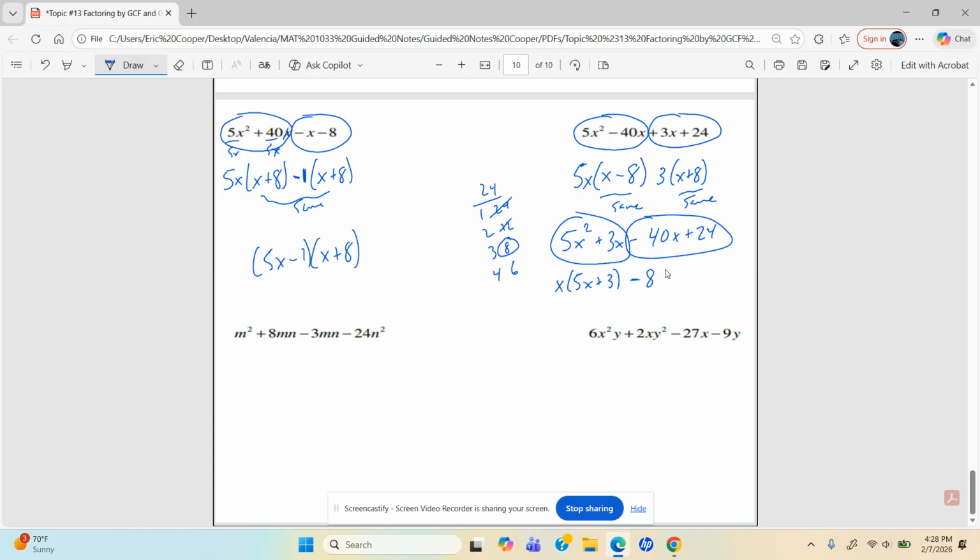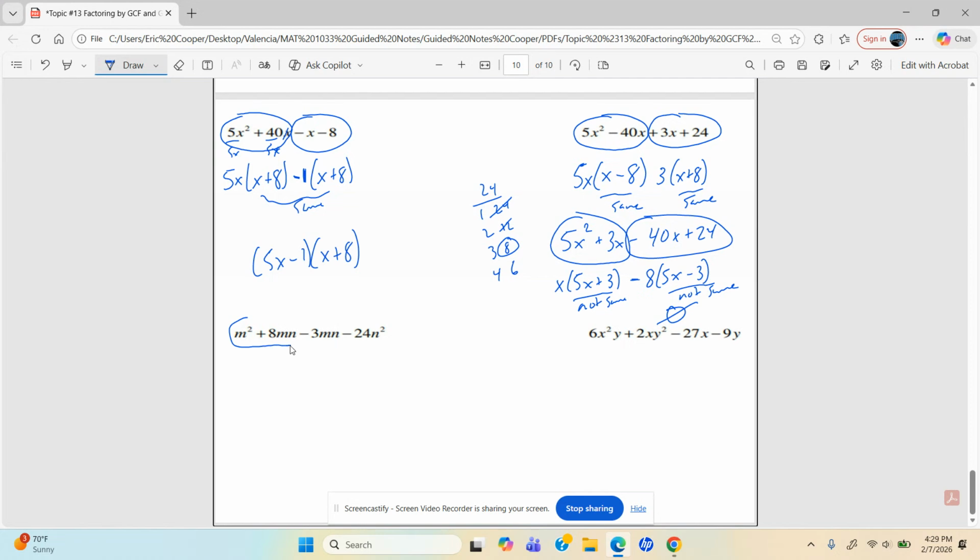Negative 40 divided by negative 8 is positive 5x. 24 divided by 8 is negative 3. So we go through, and these are not the same. What does that mean when they come out not the same? Well, that means there is no solution. There is no way to factor this problem.